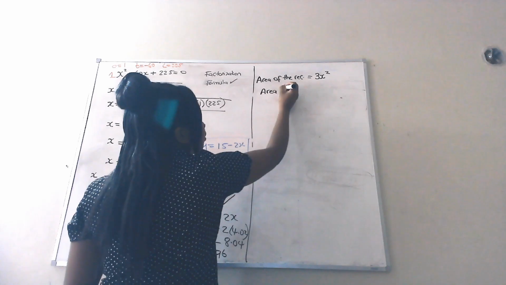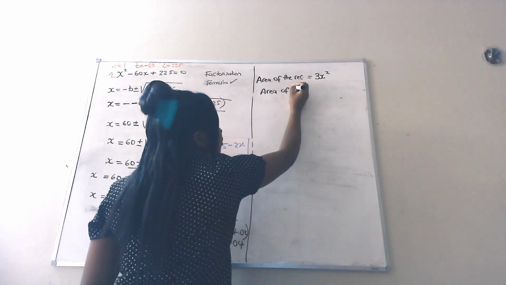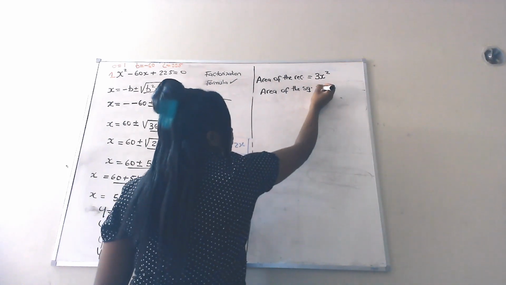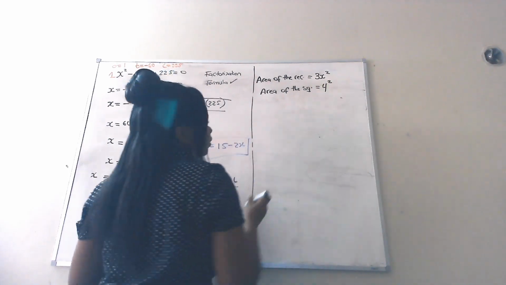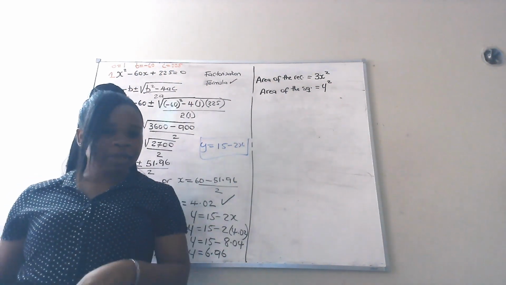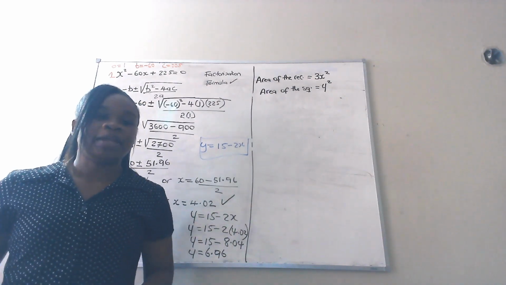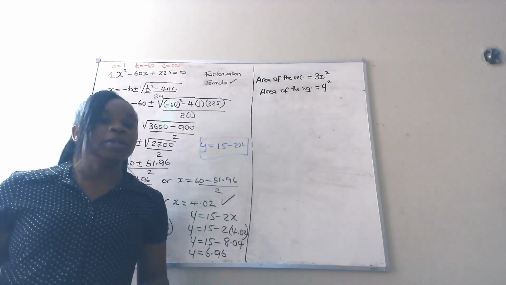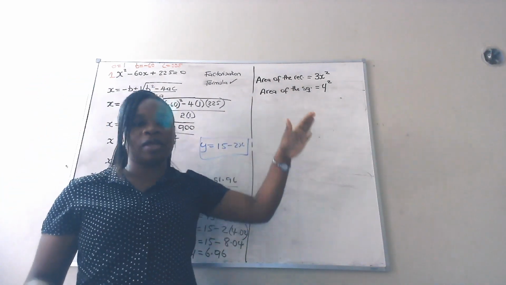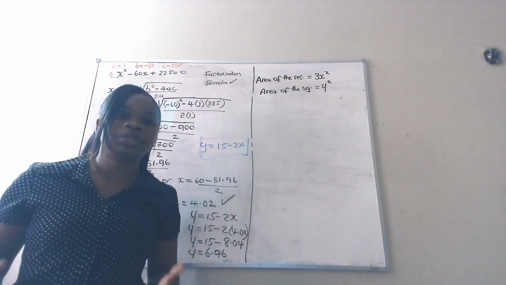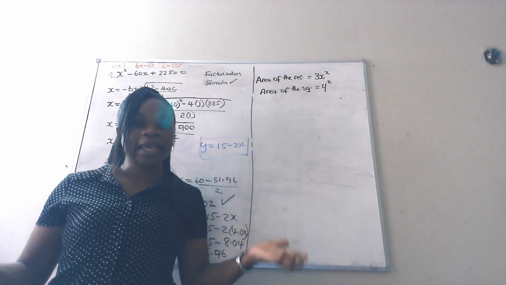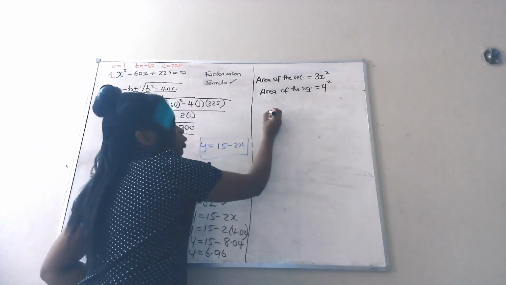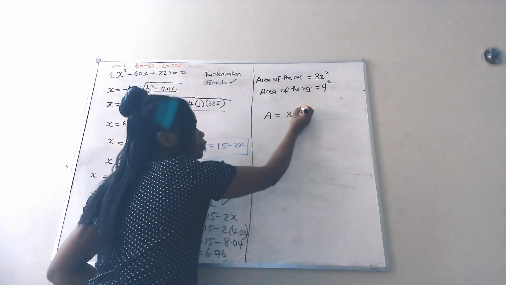Area of the square is equal to y squared. So remember, we established in part B that the area of the rectangle is equal to the area of the square. So we can use either of the above equations to find the total area. So let's use the area of the rectangle, which is 3x squared.